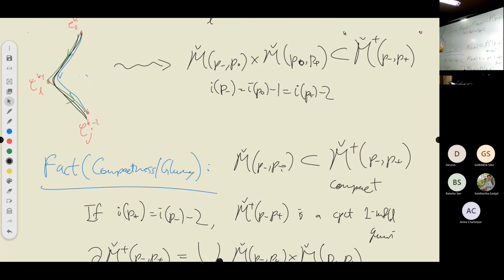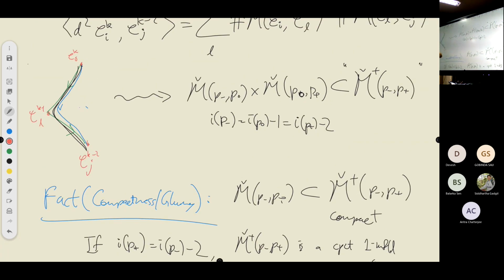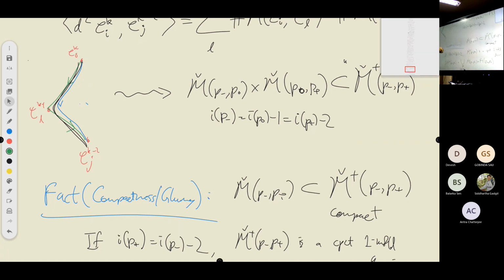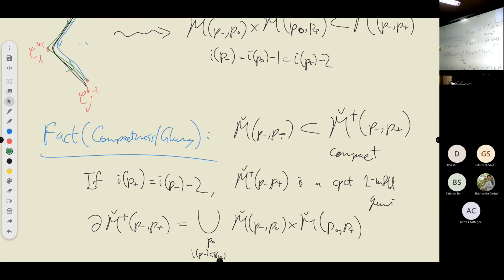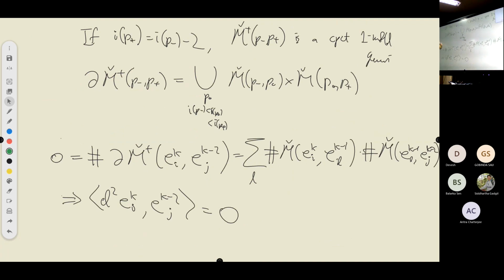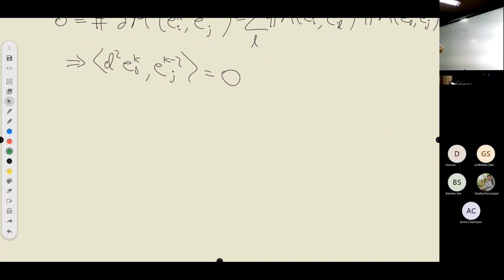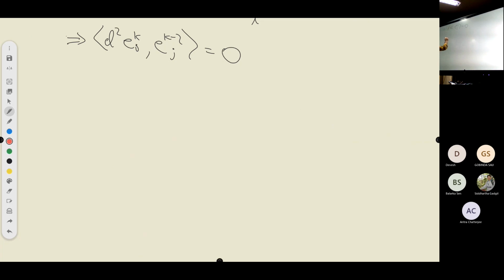To say more, what you will do is, let me draw this with red now. Actually, I'll just draw a different figure. It's already crowded enough. Say these are your critical points, and this is your broken trajectory.